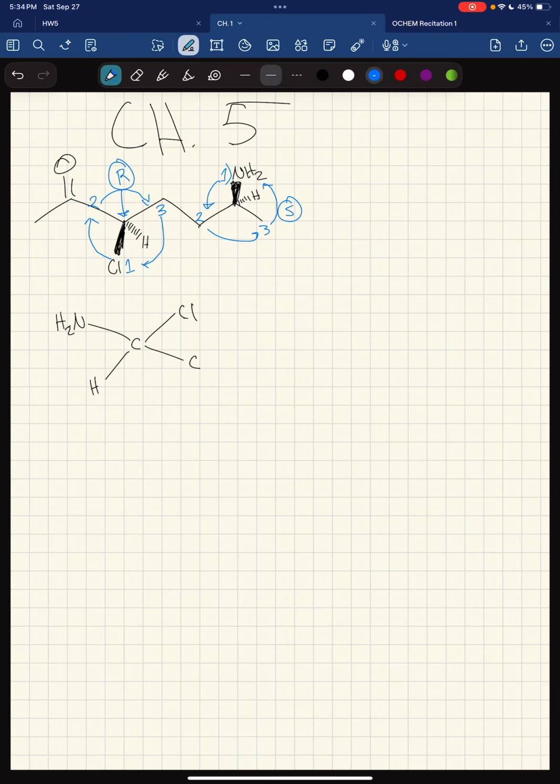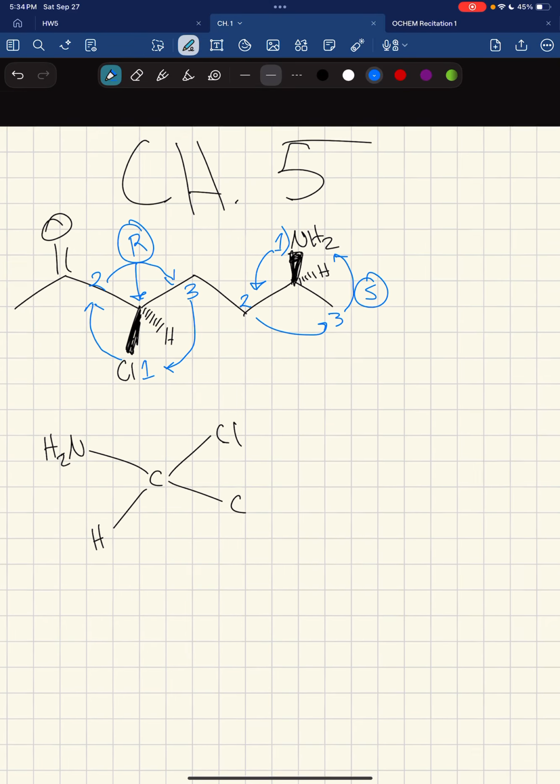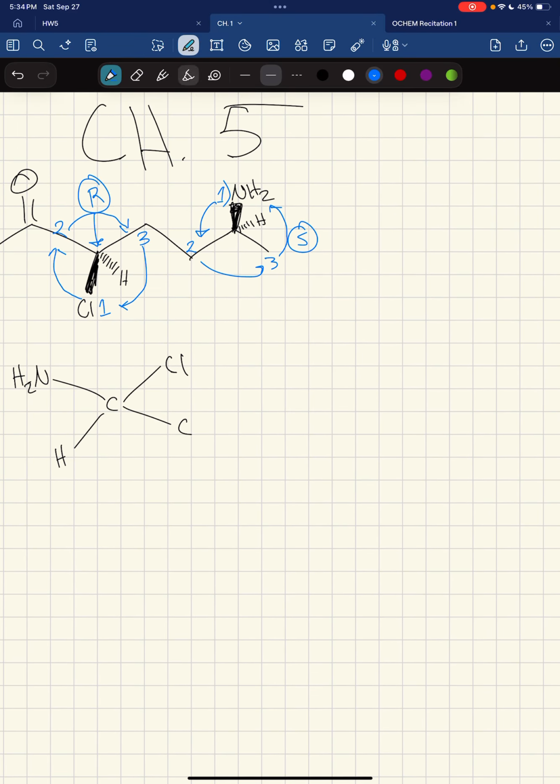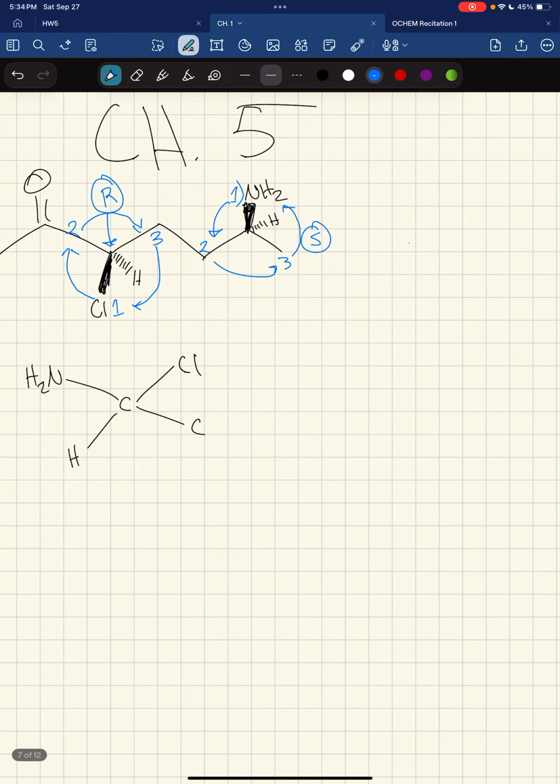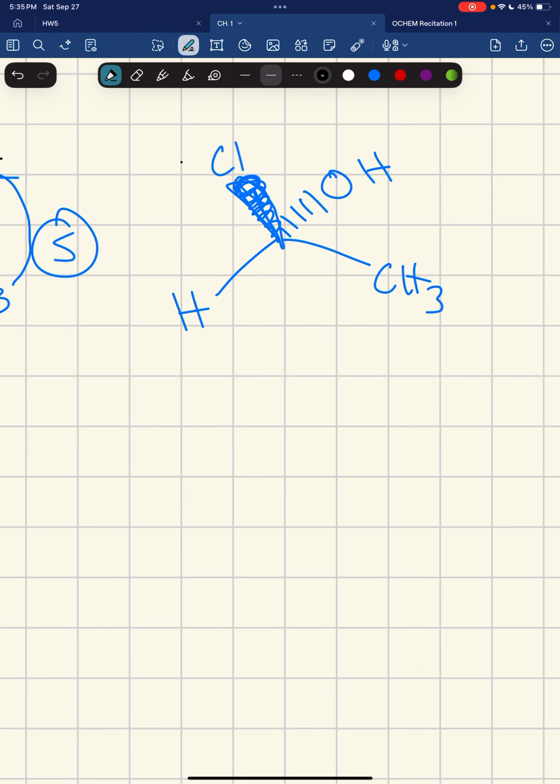Yep, so that's designating stereocenters. If it's more difficult, and it looks like this, where there's an H, CH3, Cl, and OH, you have to assign the order again. We'll do a different color now.